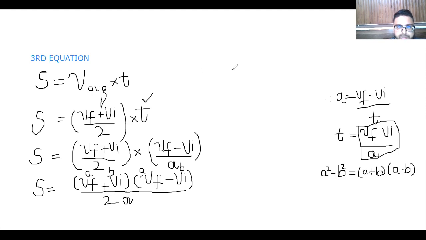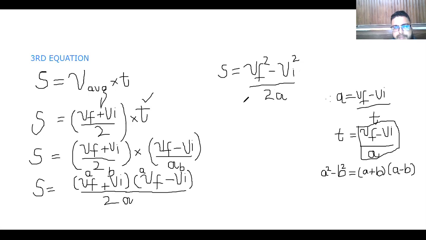So we are going to write it here that v in place of vf plus vi and vf minus vi, we can simply write vf square minus vi square divided by 2a, right?